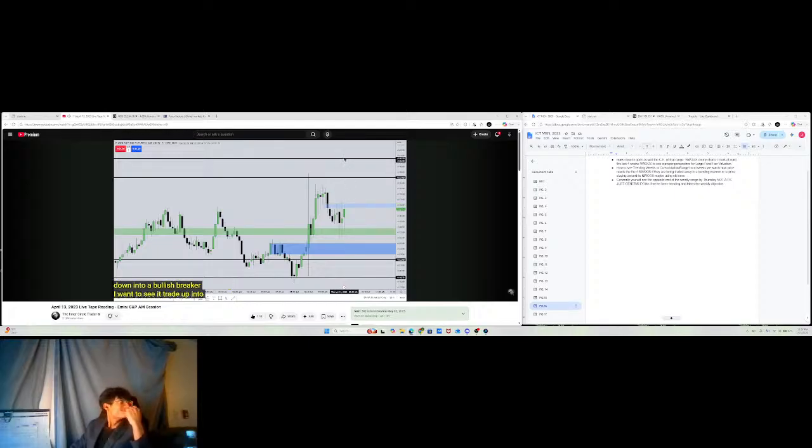I want to see it trade up into the consequent encouragement, 41.38 3/4 to 41.40.50, and then if, again, this is all contingent upon dollar index continuously weakening. So I'm looking at the 5-minute chart on dollar, and I want to see it not try to turn here. Let's see it just erode a little bit more and see if we can get up into this new week opening gap here.